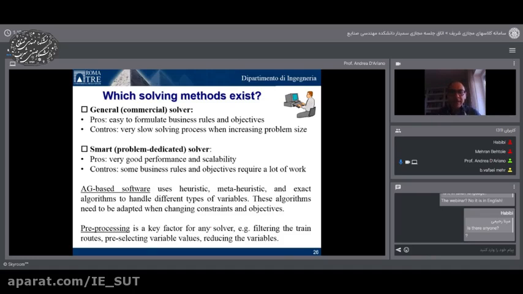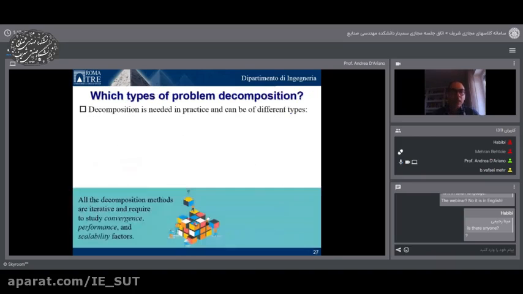You can filter like you do with the routes. You can reduce the number of variables. The solution will still be very good or even optimal sometimes. So the pre-processing phase is a phase where you study the problem and you try to simplify it. And this can be used both when you use the general commercial solver or when you use a smart solver.